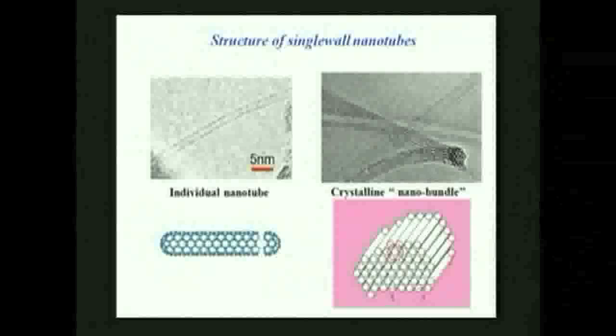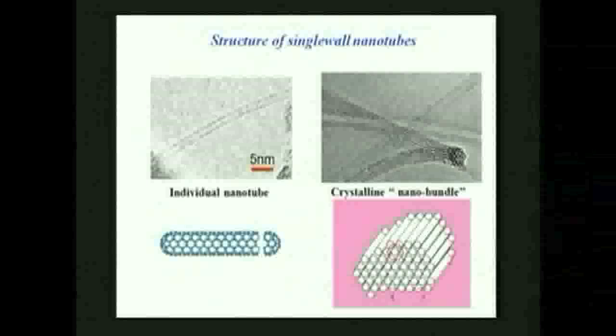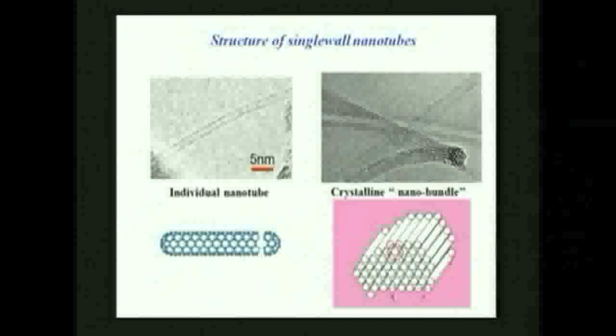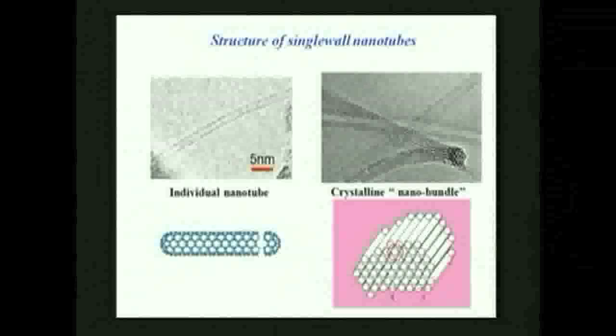So let's try to conclude on the structure, and then we go to electronic properties. Before concluding on the structure, I just want to show you real materials, because until now I only showed you some sketches, some drawings, some ideal nanotubes. These are true nanotubes that are observed by transmission electron microscopy.